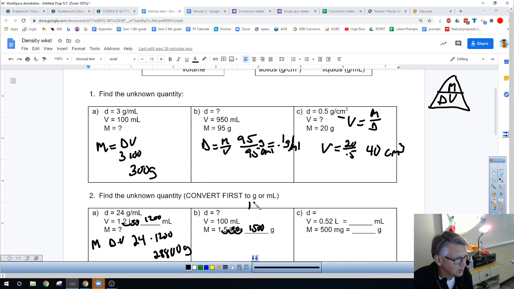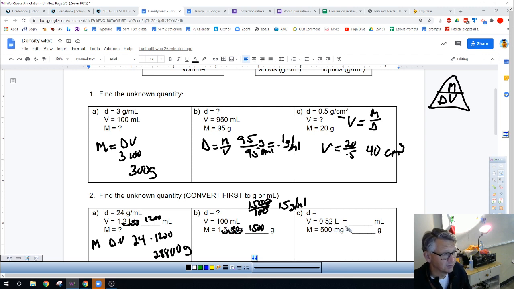Our mass is 1500 divided by 100. And if we divide that out, our density should be 15. And that will be labeled in grams per milliliter.